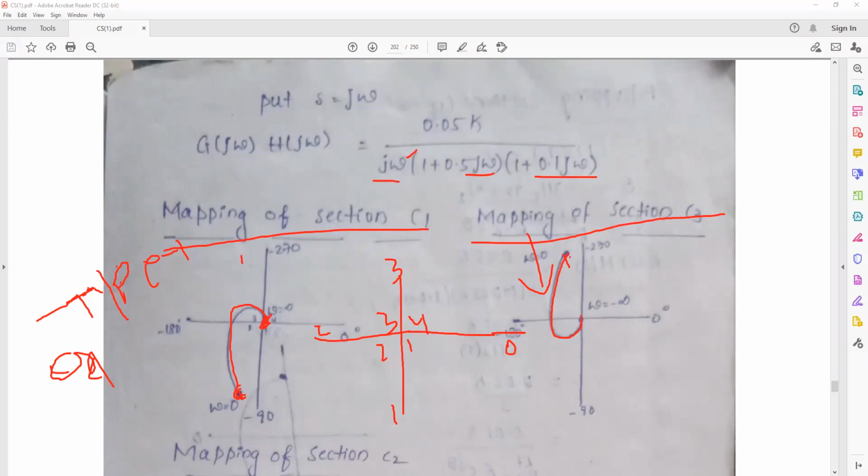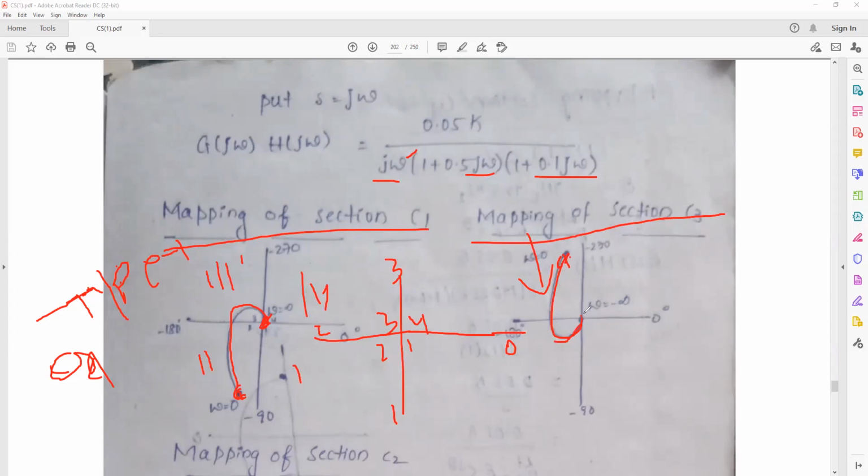The mapping of section C1 starts at the polar plot start point and ends at the polar plot end point. And the second one, the mapping of section C3, starts at the ending point. We started in, say, the first quadrant, second, third, fourth. Second quadrant started, third quadrant ended. Here it starts with the third quadrant and ends at the second quadrant.